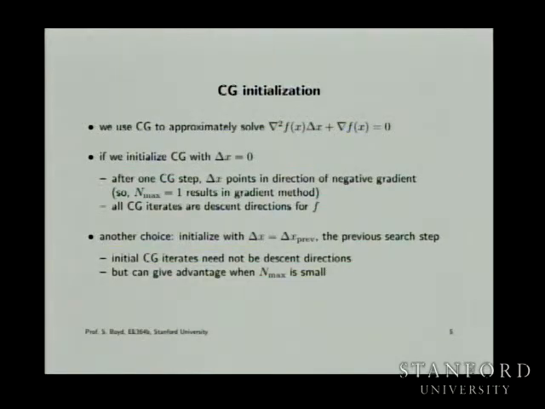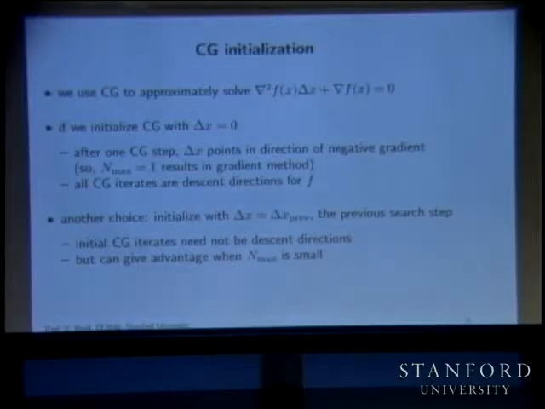So after one step of CG, if you start from 0, what pops out is along the negative gradient direction. If you set n max equals 1, which means do only one step, the steps popped out by CG are in fact scaled versions of the negative gradient.